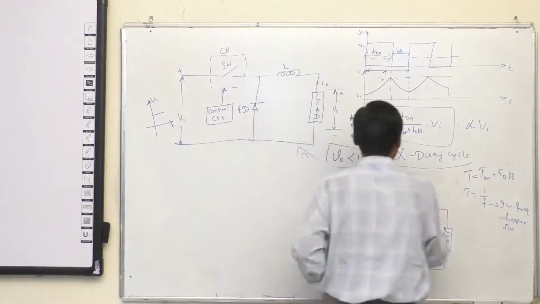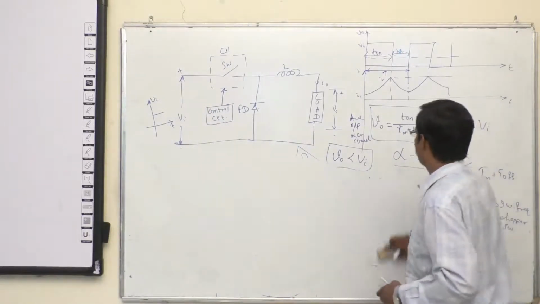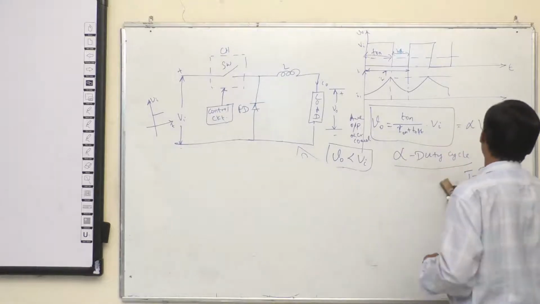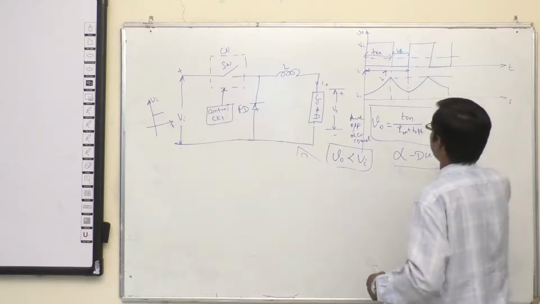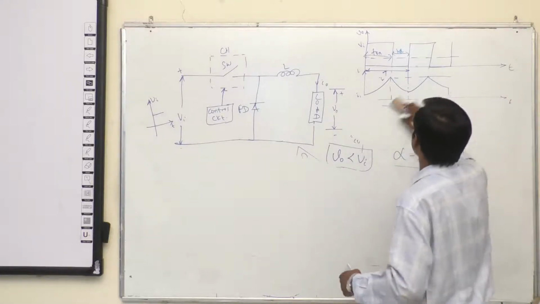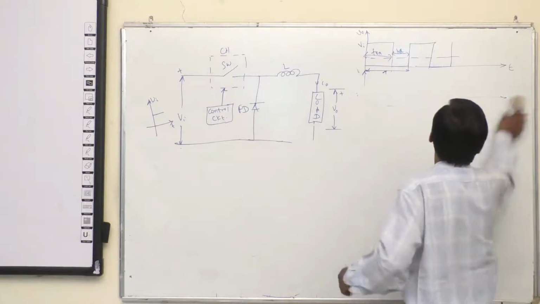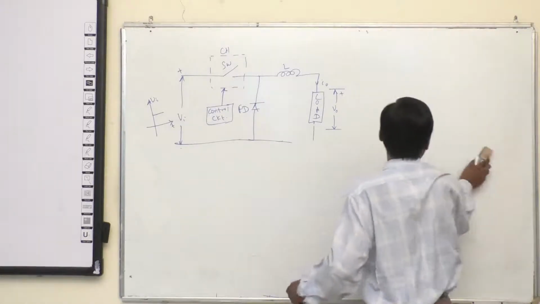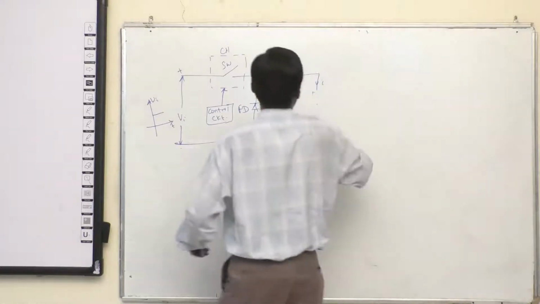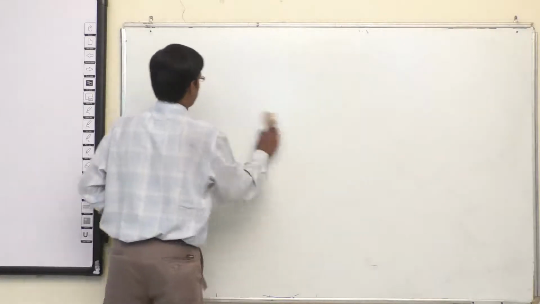Here the major part of this circuit depends upon the duty ratio alpha, so the control of the circuit depends upon alpha. How to control this is the next question. So, control methods or control techniques of DC chopper.